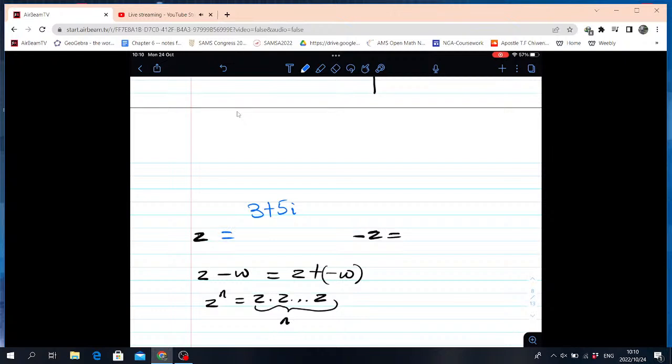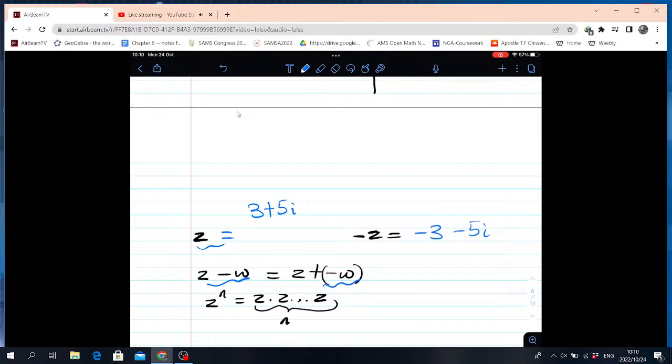Then minus Z: for you to be able to get 0, if you add to Z, you just need minus 3 minus 5i, like that. And that becomes your minus Z in this case, right? And if we say Z minus W, what we just mean is Z plus the minus of W, right?